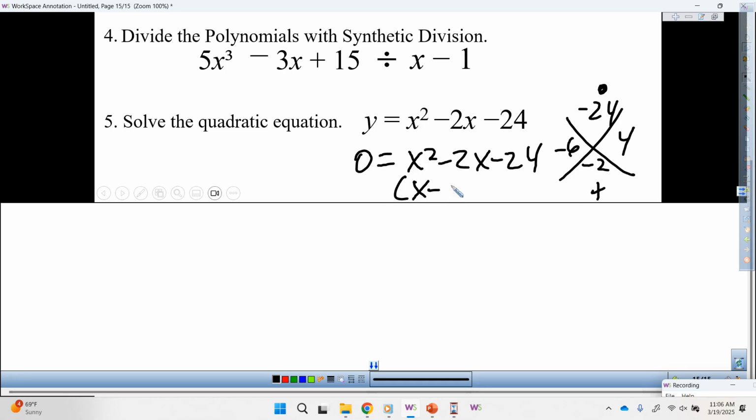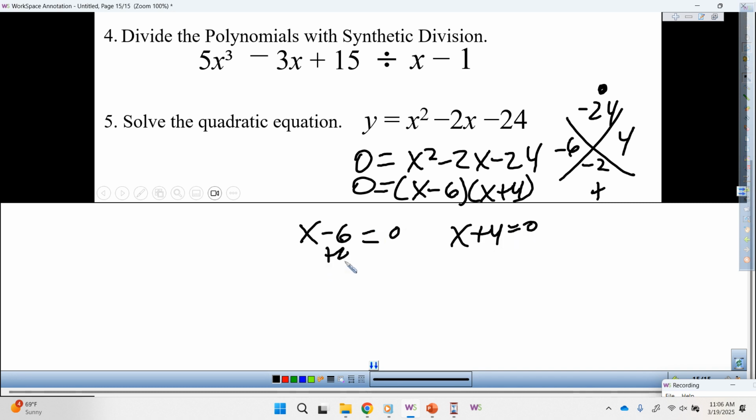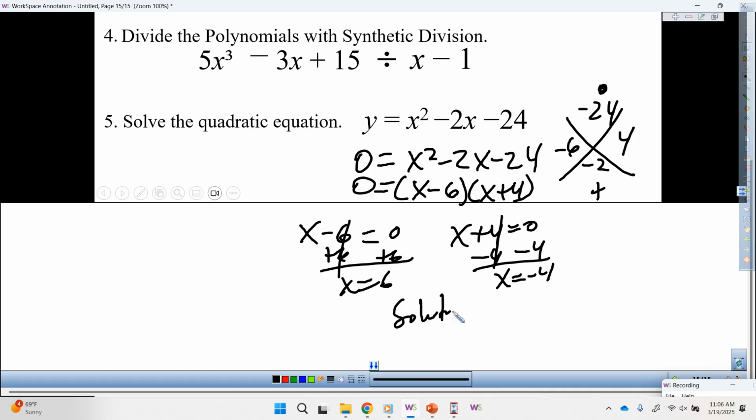So my factors are x minus 6, x plus 4 equal to 0. From there we set each of those equal to 0. So plus 6, x equals 6, minus 4, x equals negative 4. These are my solutions. X-intercepts, zeros, or roots.